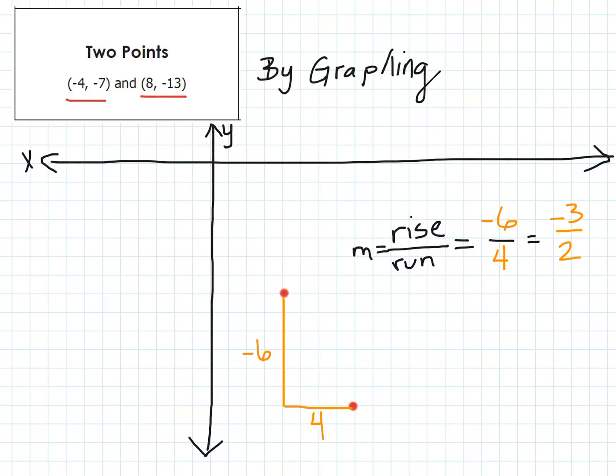All right, I'm going to back up just for a minute and try again. I plotted my point -4, -7 incorrectly. -4, -7 is actually right here. Okay, so let me erase this.